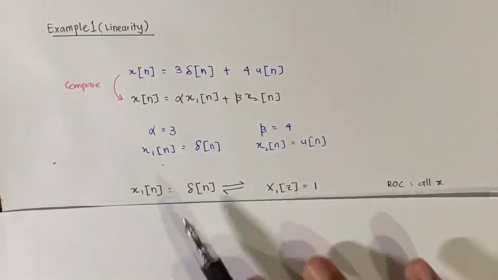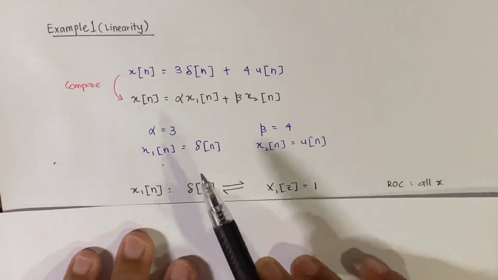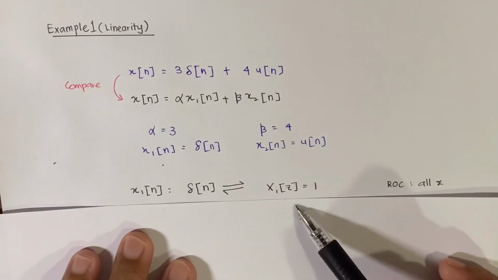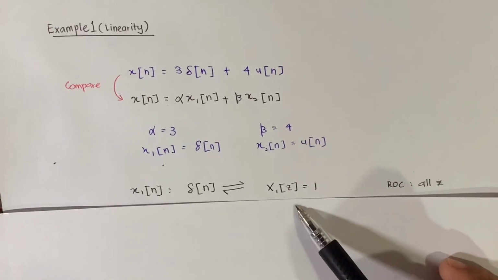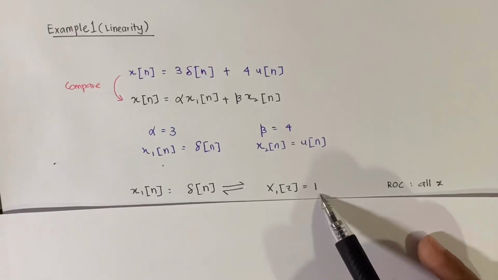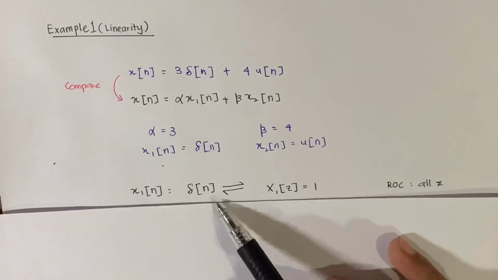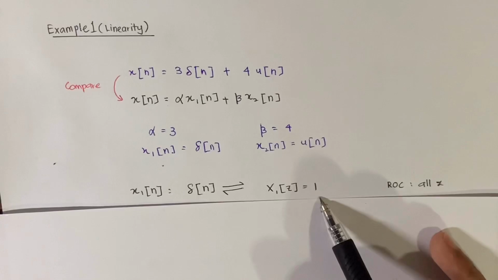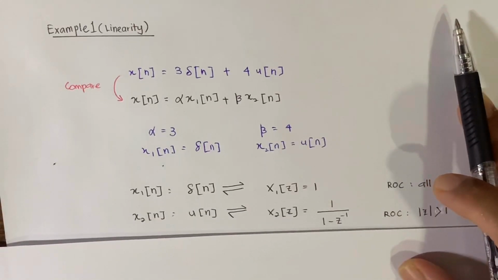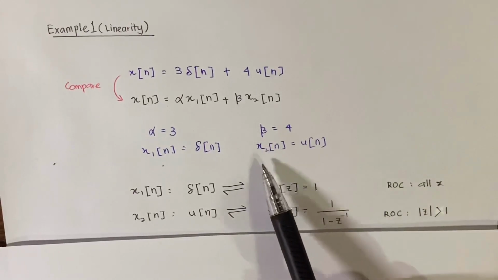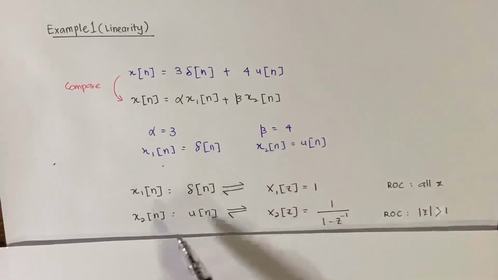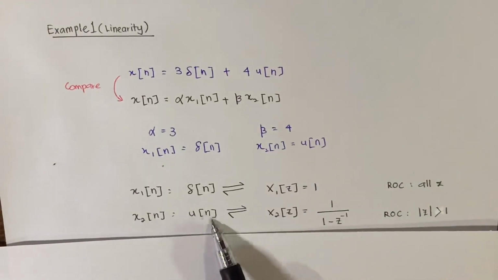For x1[n] equal to the impulse, if we refer to the table of Z transform pairs, the Z transform for the impulse is 1. And then we need to find the Z transform for x2[n], which is the unit step function, x2[n] equal to u[n].